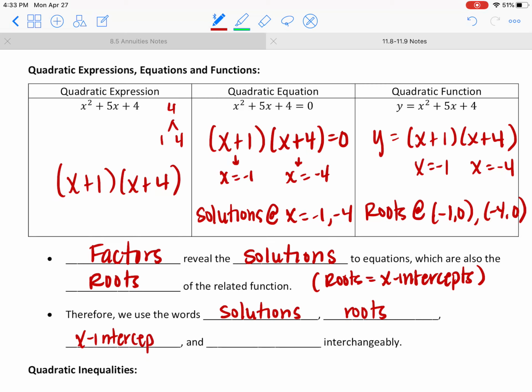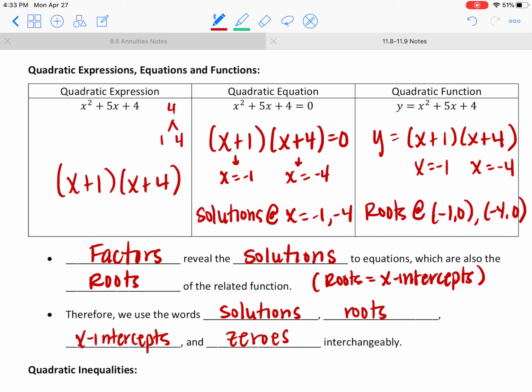Okay, so we can use a lot of words interchangeably. We can use the words solutions, roots, x-intercepts, and zeros. Would that one make sense?